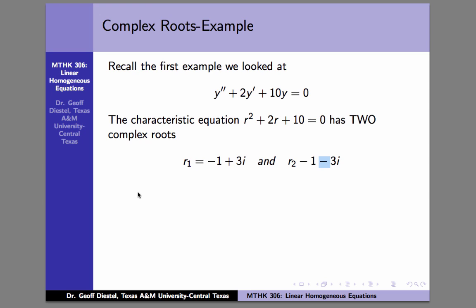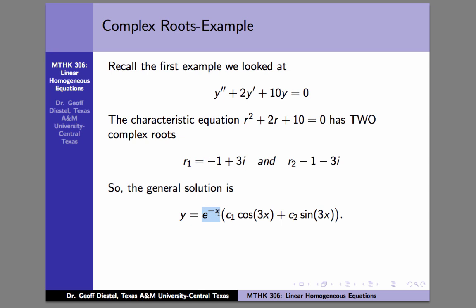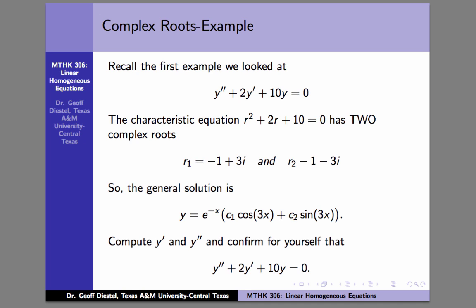So from our general solution, we put -1 in our exponential, e to the -1 times x, and then we introduce our constants c1 and c2 to add the trig functions, and inside the trig functions we put our b, which is 3 in this case. As an exercise, what you should do is just go and confirm.